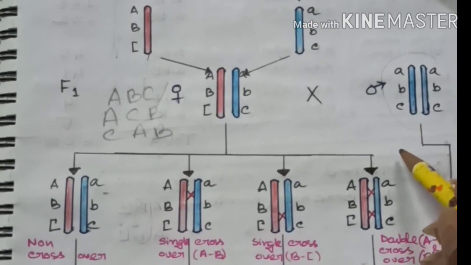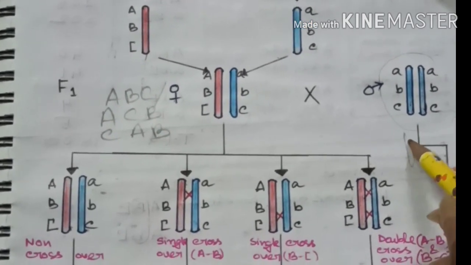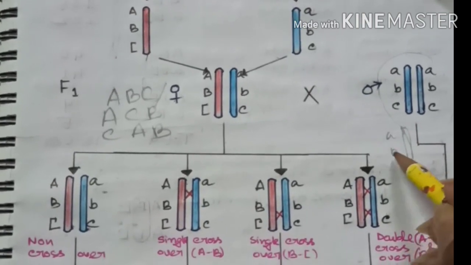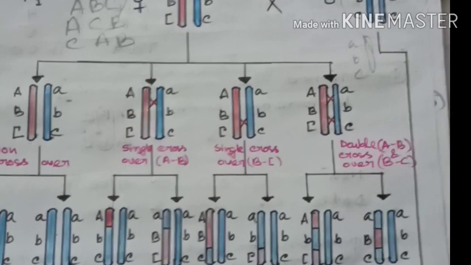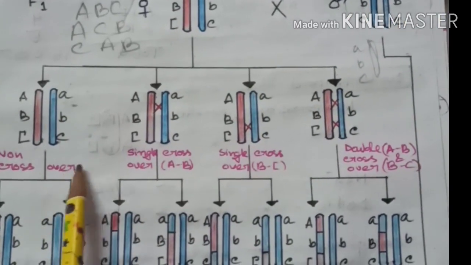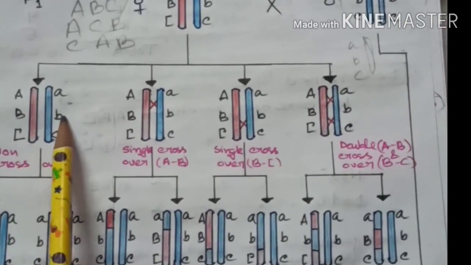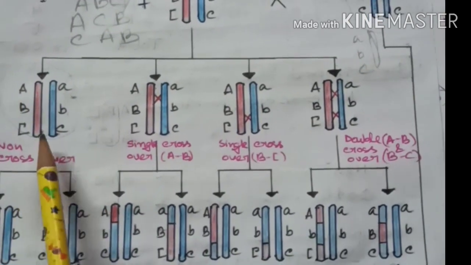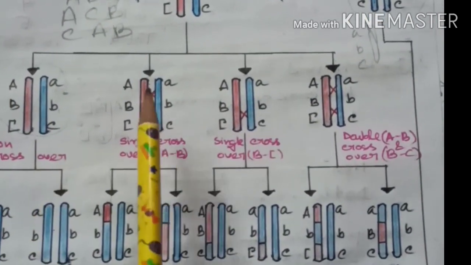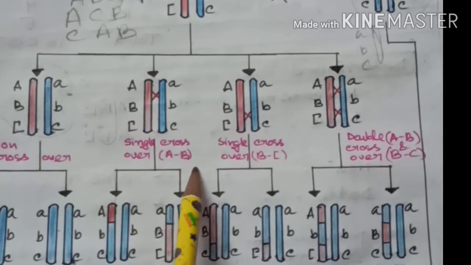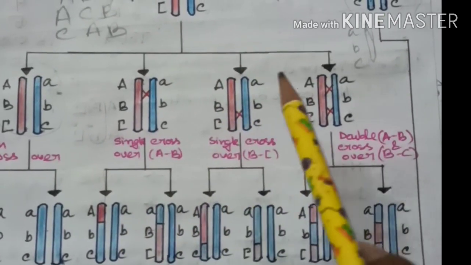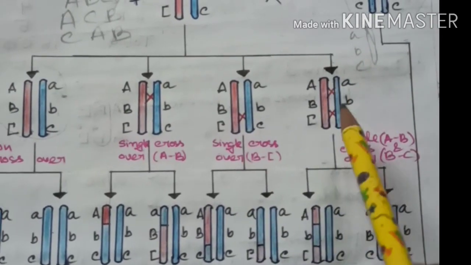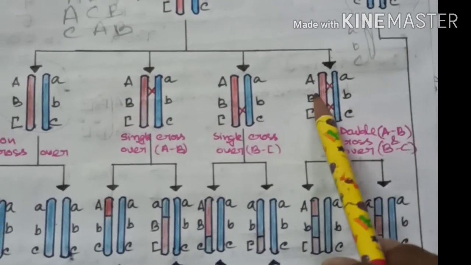So here we get a chromosome or gamete small a, small b, small c. Here 4 phenomena will happen. First one, without crossing over. Second, a single crossover between A and B, and third, a single crossover between B and C, and last, a double crossover between A B and B C.